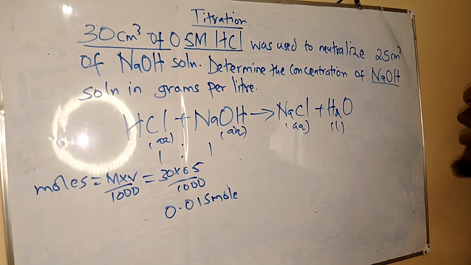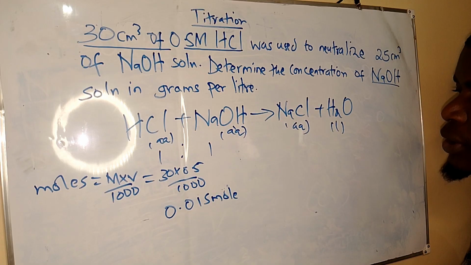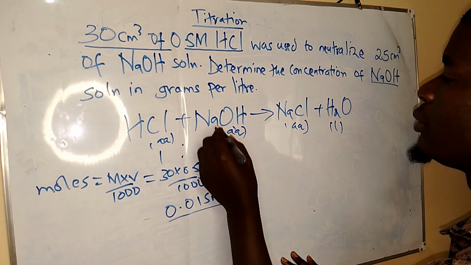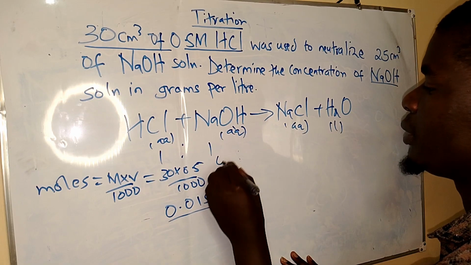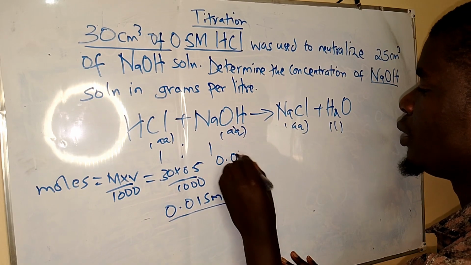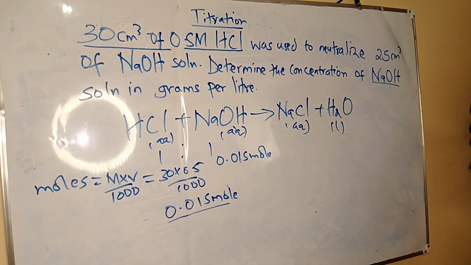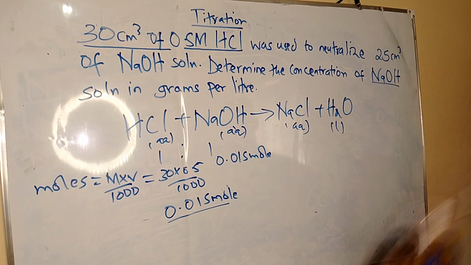So from this you can tell the reacting ratio, meaning this number of moles is equivalent to the number of moles of sodium hydroxide. So this one is 0.015 moles also. Now you have the number of moles of sodium hydroxide. That is the only thing you require to be able to calculate the concentration.